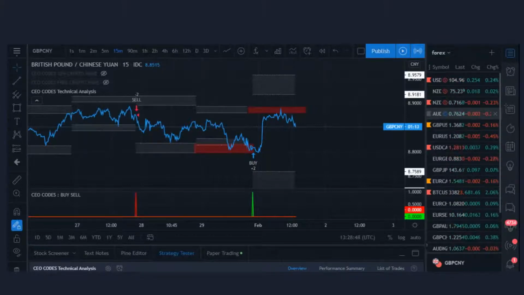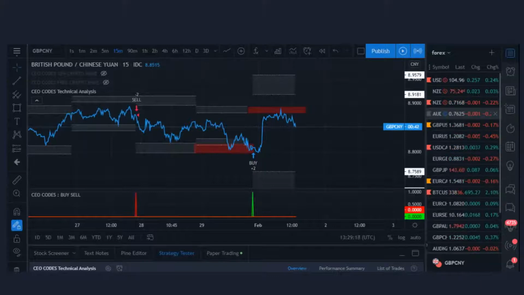I would like to thank all of you for your support. Of course, we have a huge library of indicators, and most of them do not repaint at all. I have some traders who really like how the indicators help them.